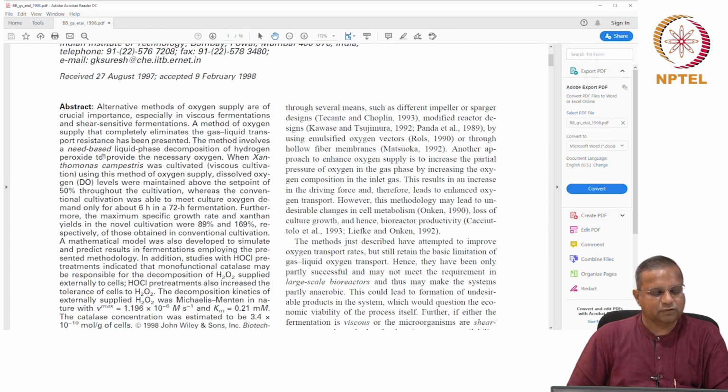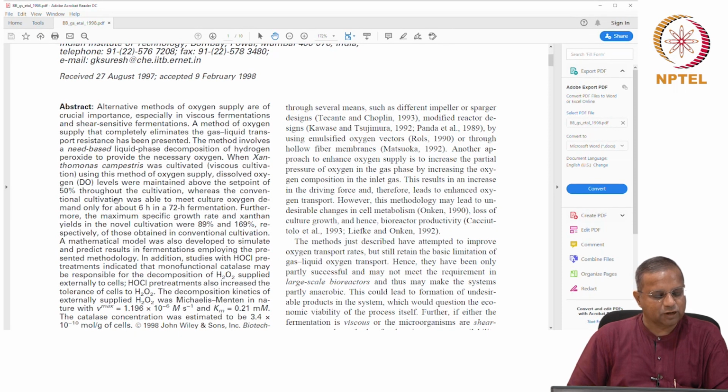The method involves a need-based liquid phase decomposition of hydrogen peroxide to provide the necessary oxygen. When Xanthomonas campestris was cultivated, this is a viscous cultivation, using this method of oxygen supply, dissolved oxygen or DO levels were maintained above the set point of 50% throughout the cultivation.